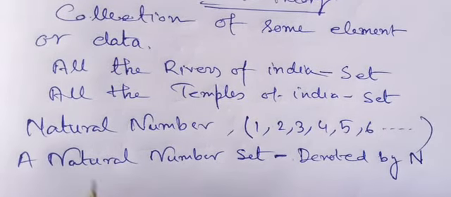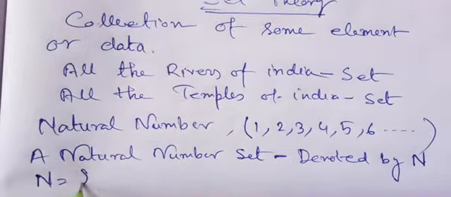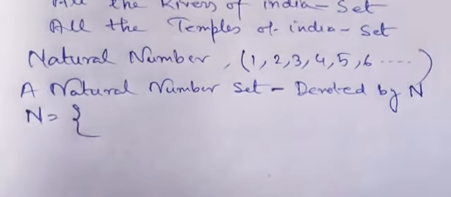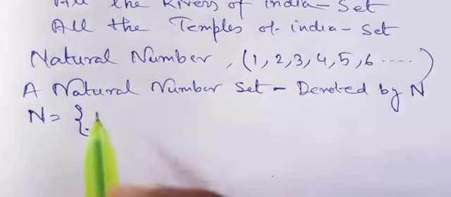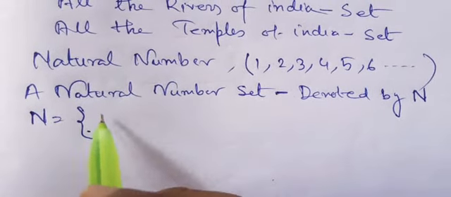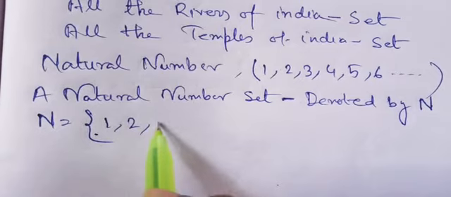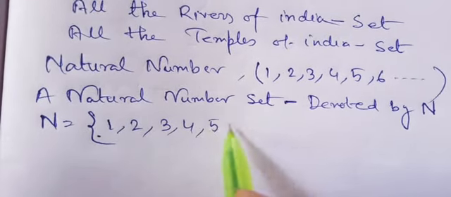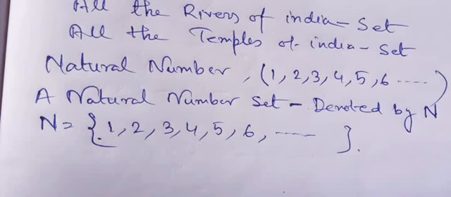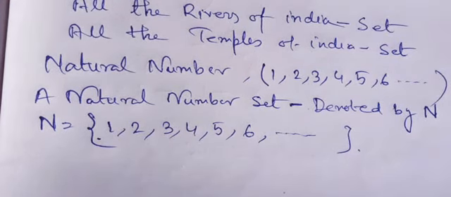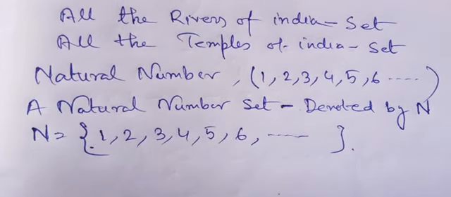So we can write N equal to, and write the elements between curly brackets: 1, 2, 3, 4, 5, 6, and so on. This is an unlimited collection. So this set is called the set of natural numbers. Is it okay?